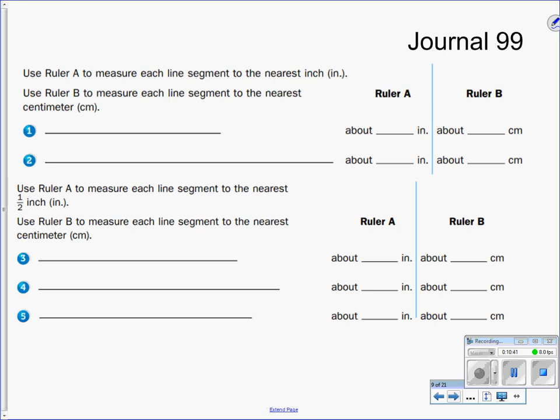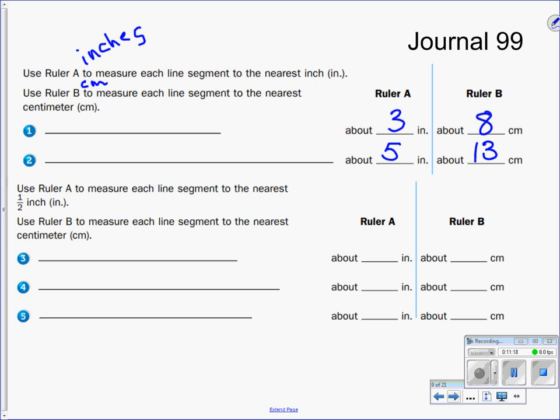All right, so on number 1, if we measured it with ruler A, which if you remember was our inches, and ruler B is our centimeters, ruler A is about 3 inches long. And number 2's line segment is about 5 inches long. If we take ruler B and measure those same line segments, number 1 should have been about 8 centimeters, and number 2 should have been about 13 centimeters.